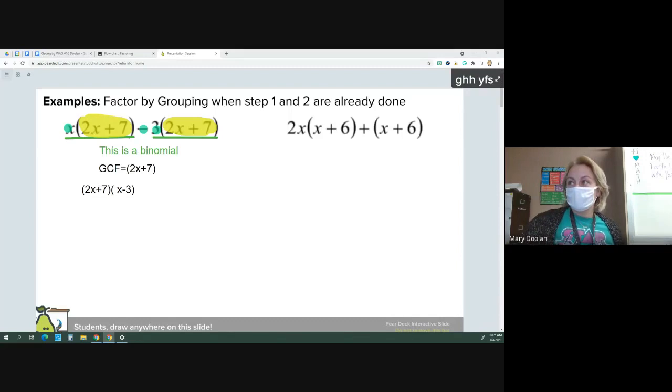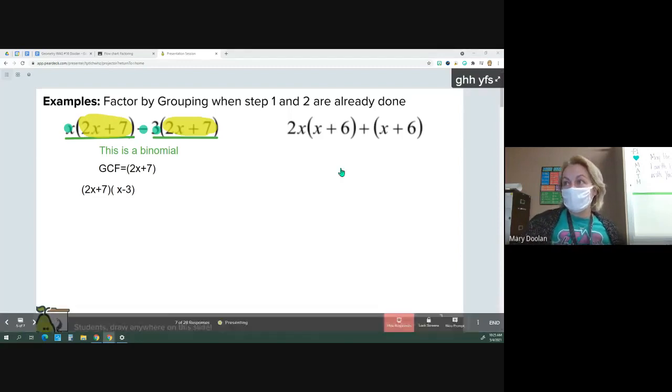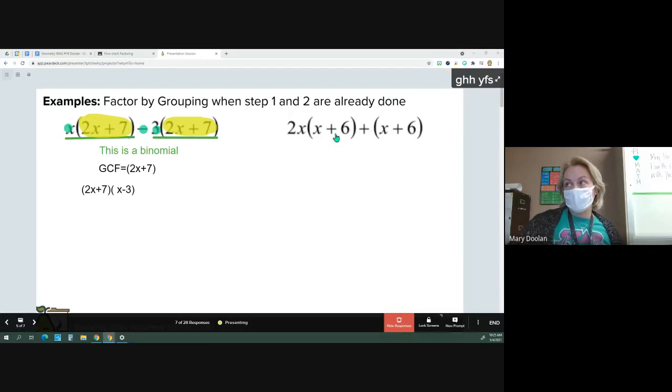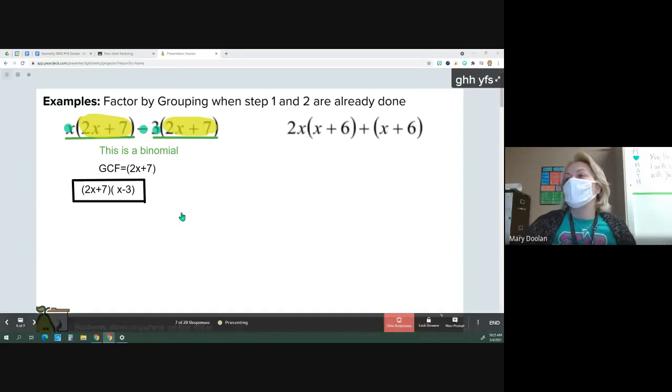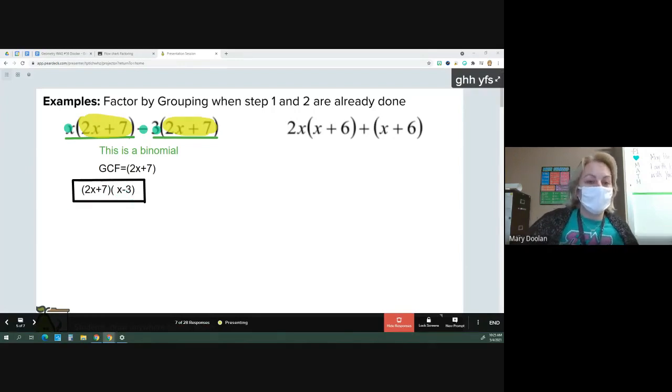So again, we're going to do another one. This is a binomial. You know you are done factoring when all you're left with is stuff being multiplied together and there's no common factor left inside that you can factor out.